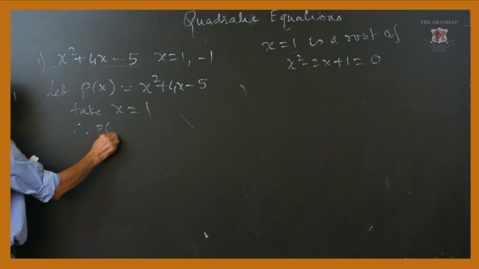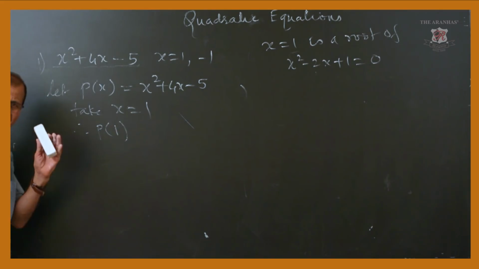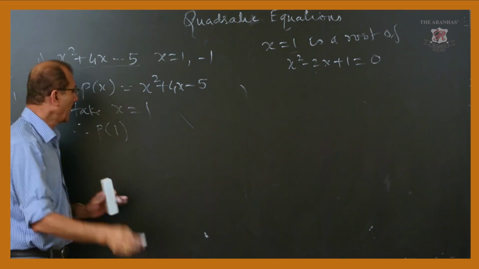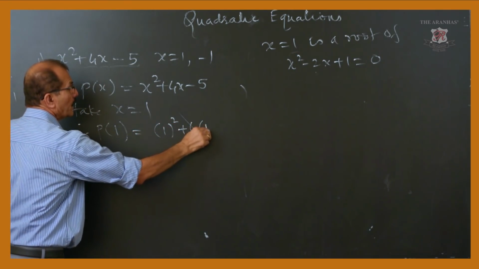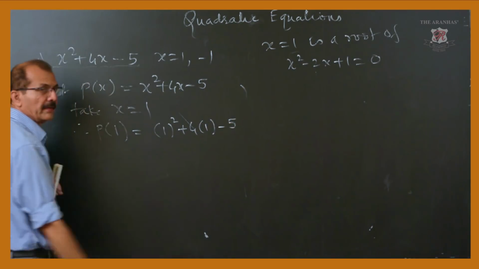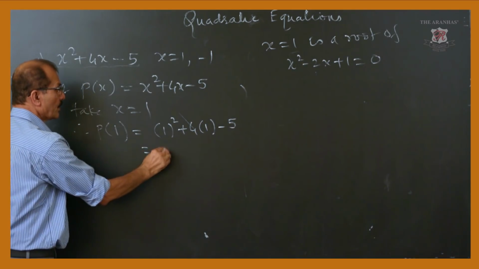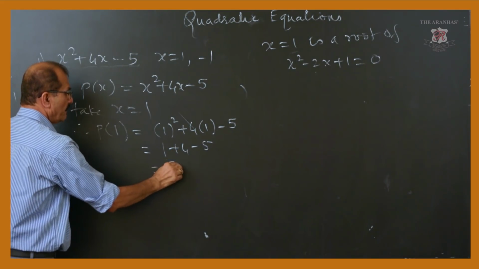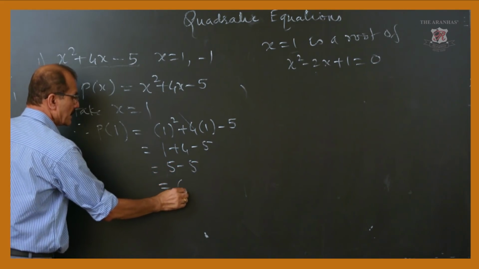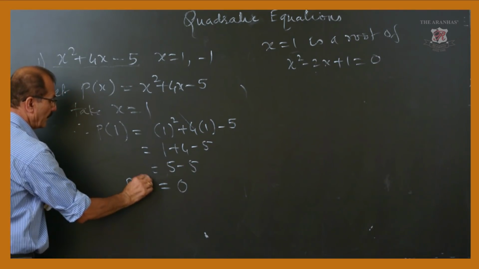Therefore, p of 1 means wherever x is there, you put 1. 1 square plus 4 into 1 minus 5. This is equal to 1 plus 4 minus 5. This is 5 minus 5 and this is equal to 0.